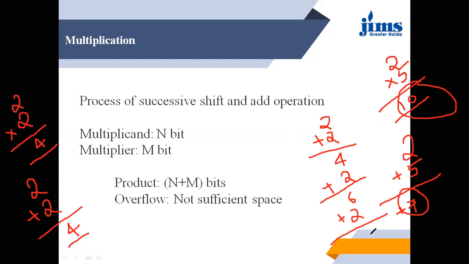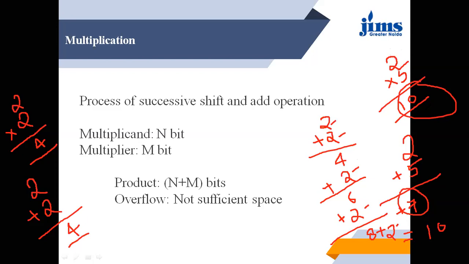And finally, if I add one more 2, this is equal to 10, and that is equal to the multiplication of 2 into 5. From here you can see I add 2 five times: this is 1, 2, 3, 4, 5. So this is equal to 10.